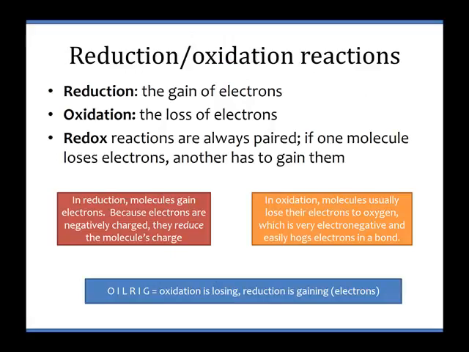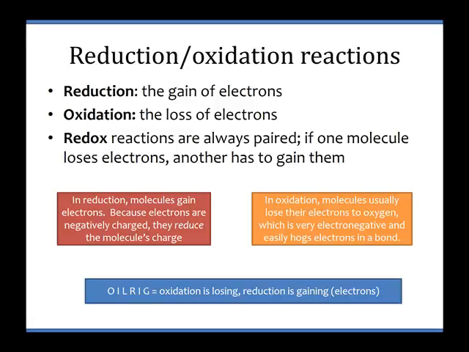Okay, so let's look at reduction-oxidation reactions. Very often, because they happen together, we just squish the words together and call them redox reactions, kind of like Brad and Angelina Jolie become Brangelina. Reduction-oxidation becomes redox.